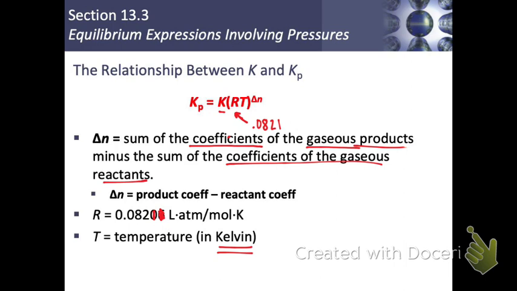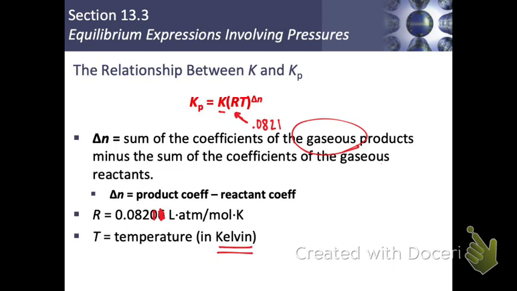So let's read that again. Delta n is the change in the sum of the product coefficients minus the sum of the reactant coefficients. But it only takes into account the gases, not solids or liquids.